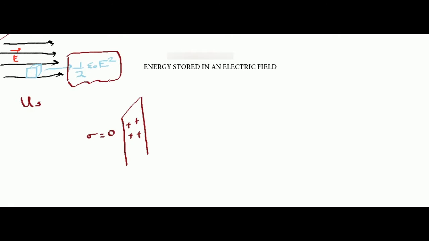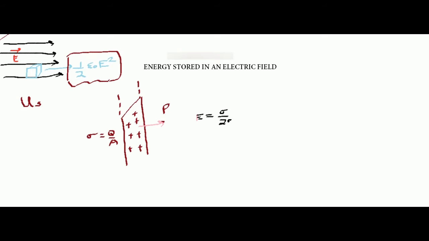When we calculated the electric field due to this infinitely charged sheet at a particular point P using Gauss law, we find that the electric field is equal to sigma by 2 epsilon naught.